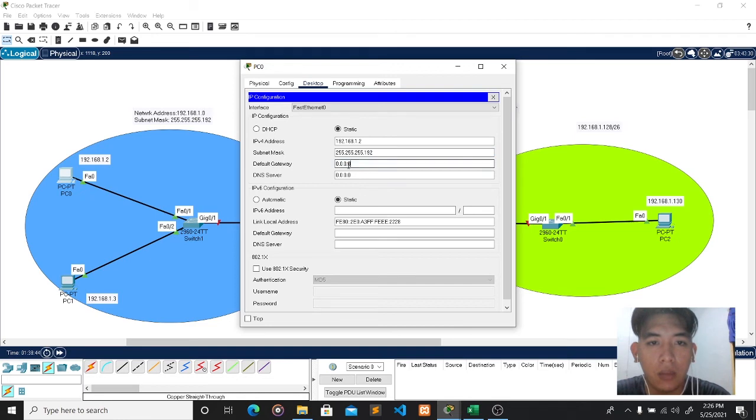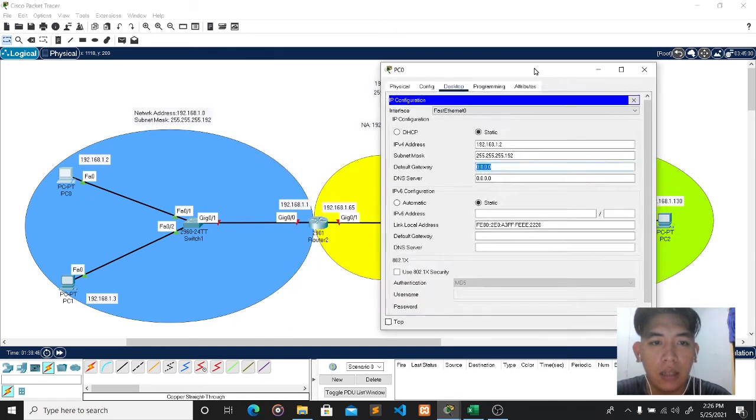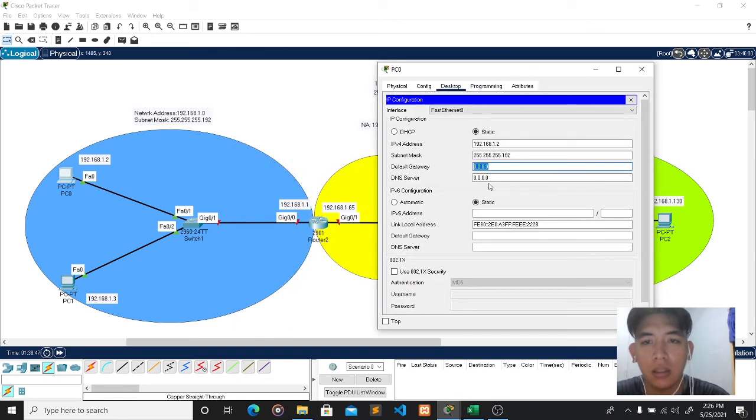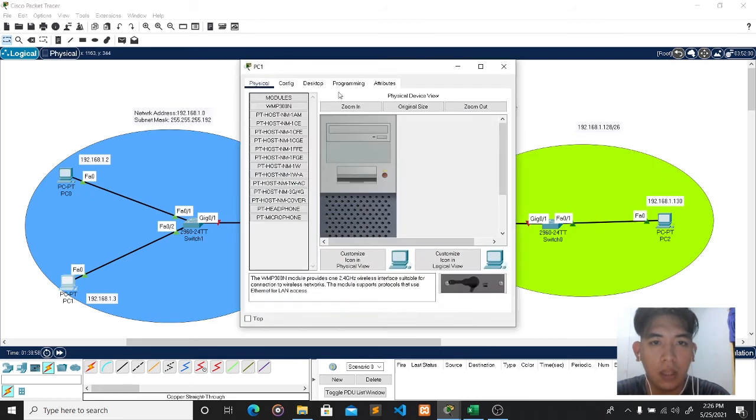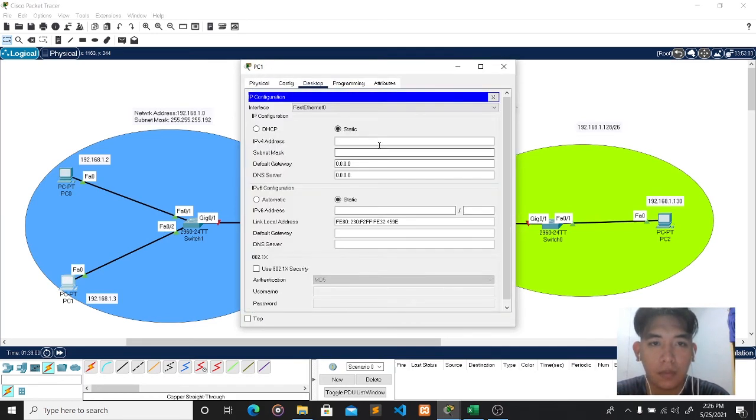Then yung default gateway is yung IP address ng router, is 192.168.1.1. So tapos na. Next is PC1: 192.168.1.3, then subnet mask 192.